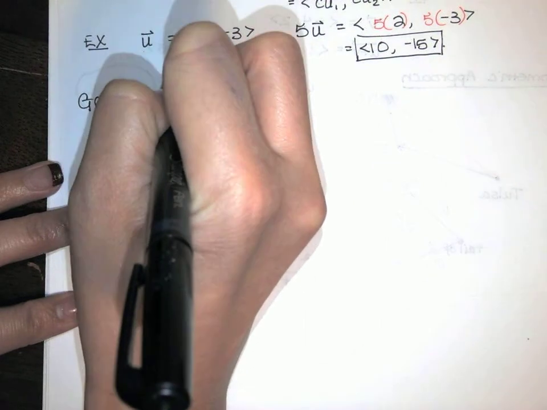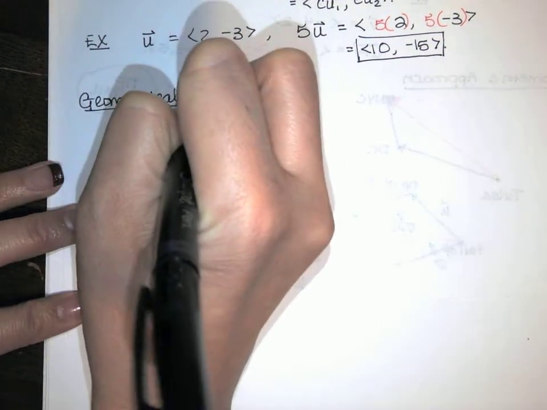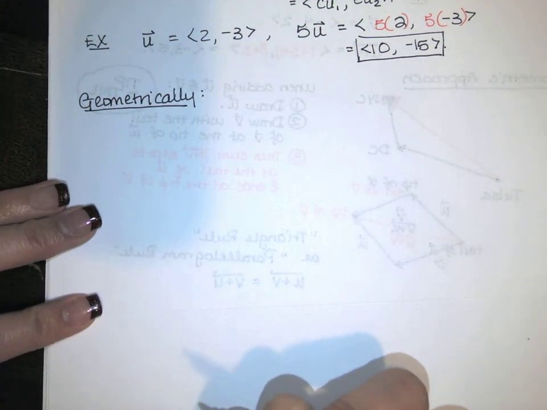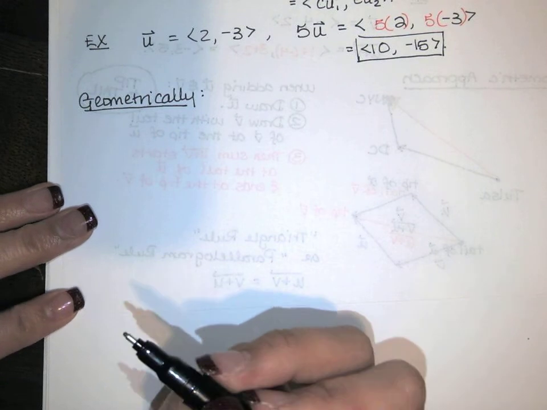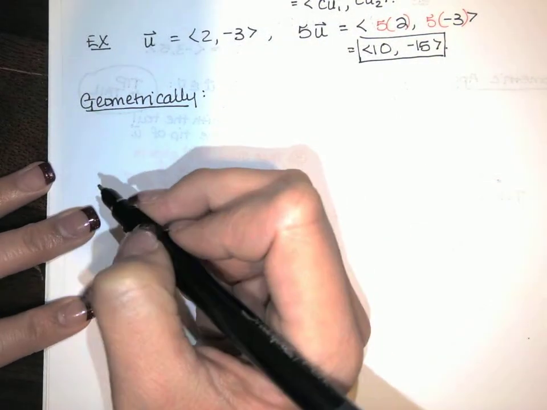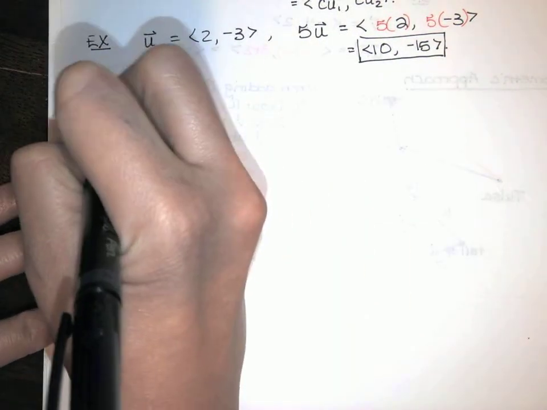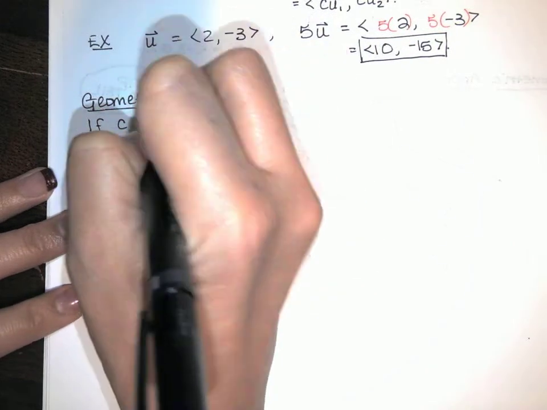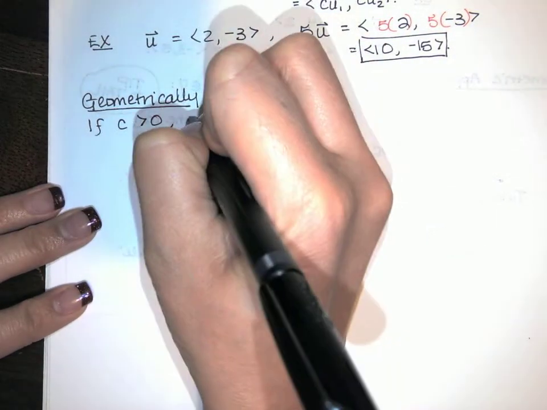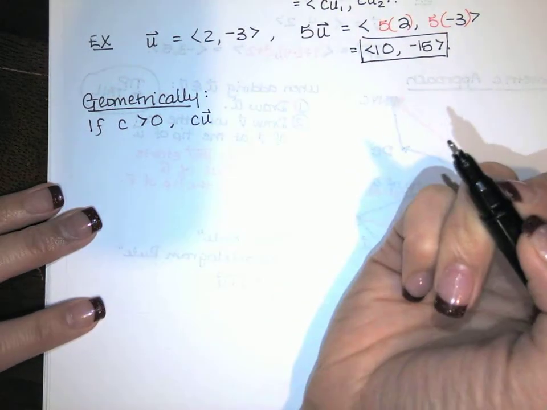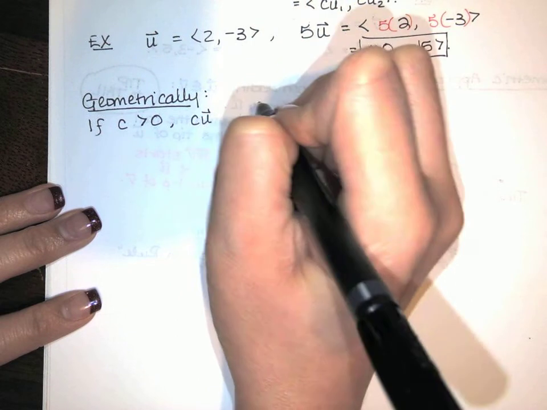If I want to do the same thing geometrically, or if I want to interpret the same idea geometrically, let's talk about it. If c is positive, c times u points in the same direction as u.